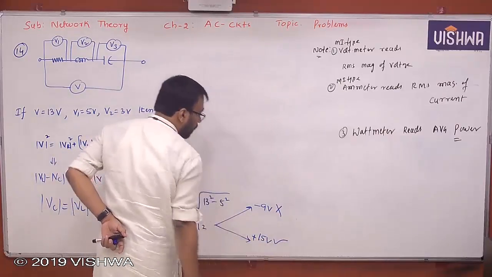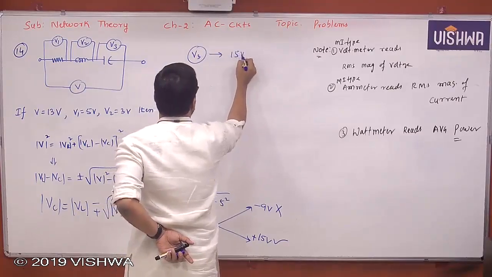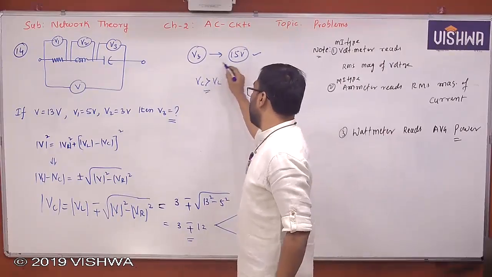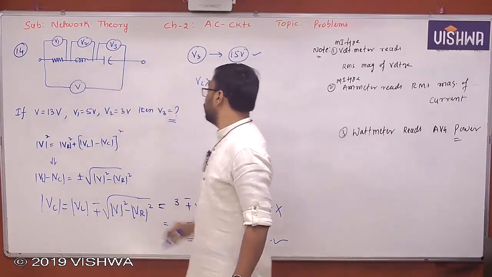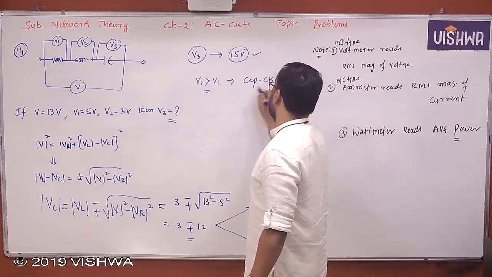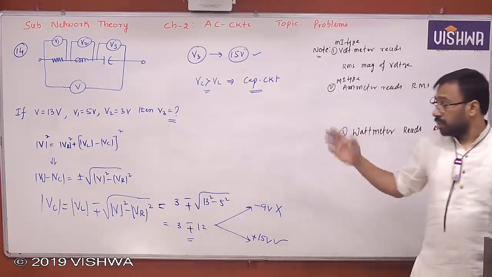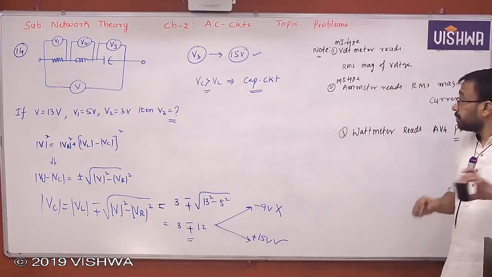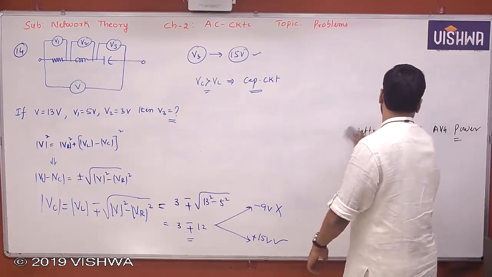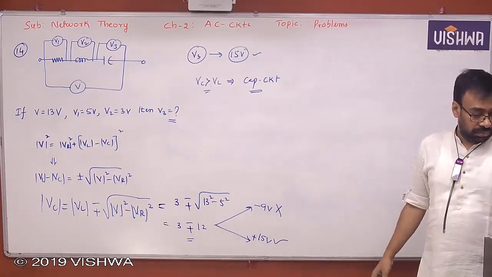Only 15 is possible. Therefore, V3 reads 15 volts, that is a magnitude of 15 volts. That means VC is greater than VL. VC value is 15, VL value is 3. Therefore, it is behaving like a capacitive circuit. Understand all of you? No doubt.